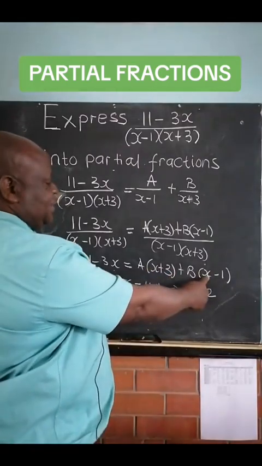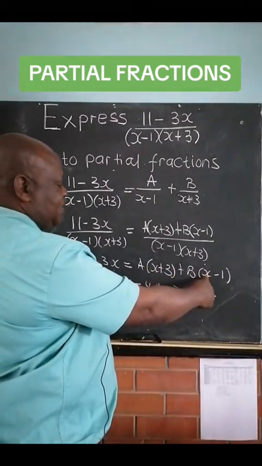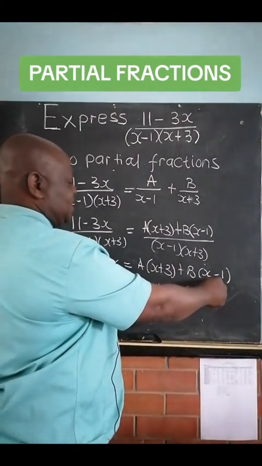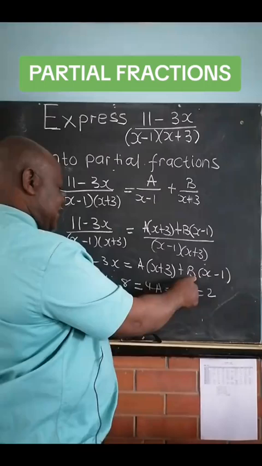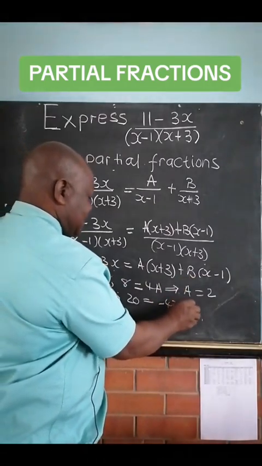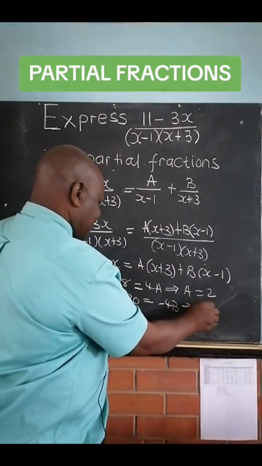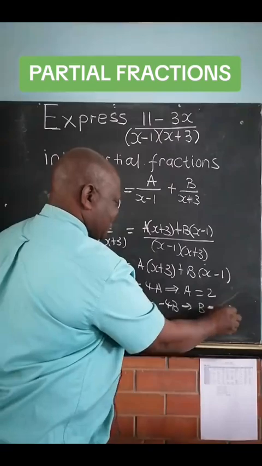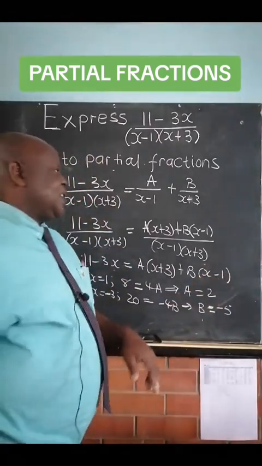But negative 3 here will be negative 3 minus 1, which is negative 4 times B, which is negative 4B, which implies that B is going to be equal to negative 5. Your B is equal to negative 5.